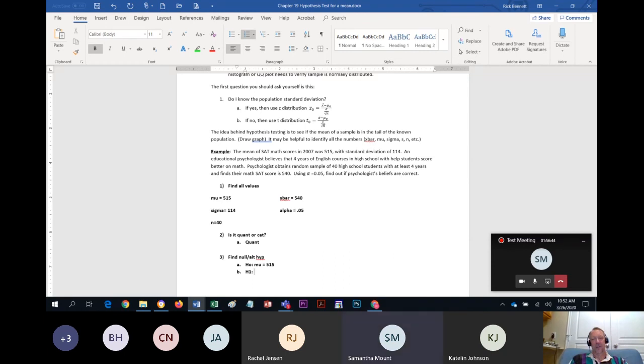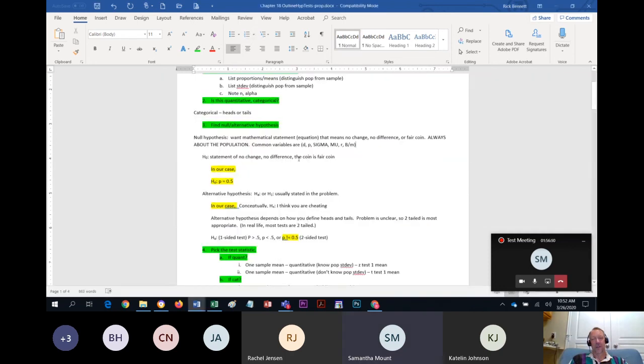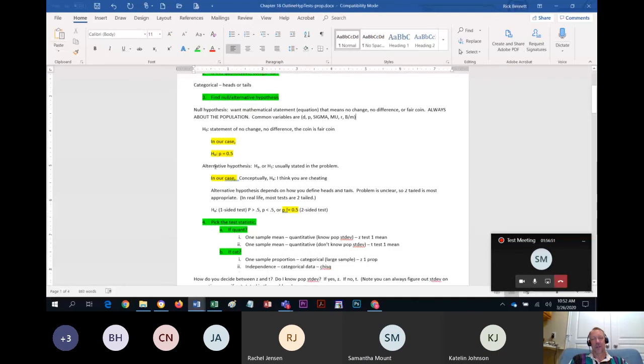Is it still going to be equal or is it going to be the... Okay, so let's go back to our definition. Alternative hypothesis, usually stated in the problem. And we have to decide, is it going to be a one-sided test, either right-tailed or left-tailed, or is it going to be a two-sided test? It's going to be a not equal to.